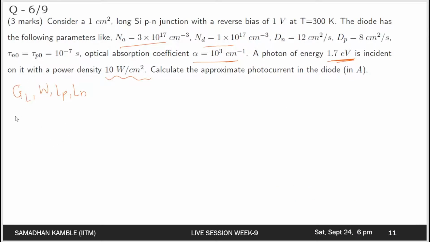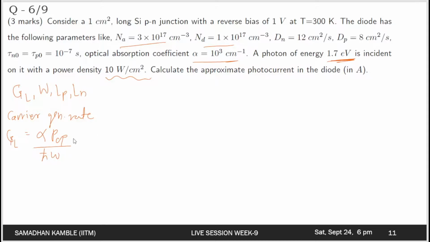The first is the GL, which is the carrier generation rate, and GL is given by alpha, the optical absorption coefficient, times the output power over the energy, that is h cross omega.